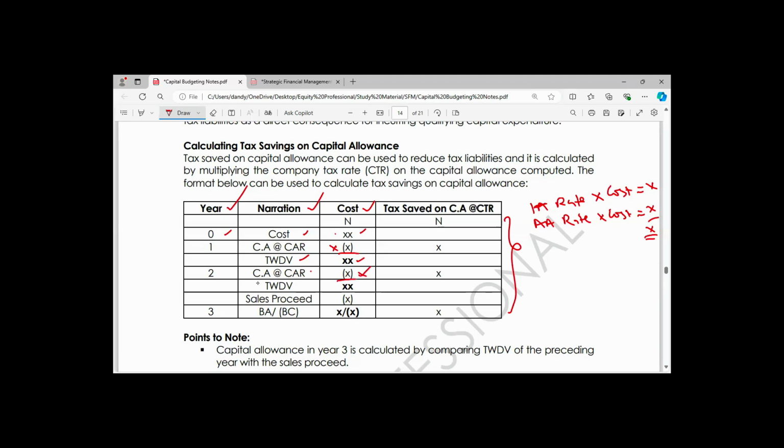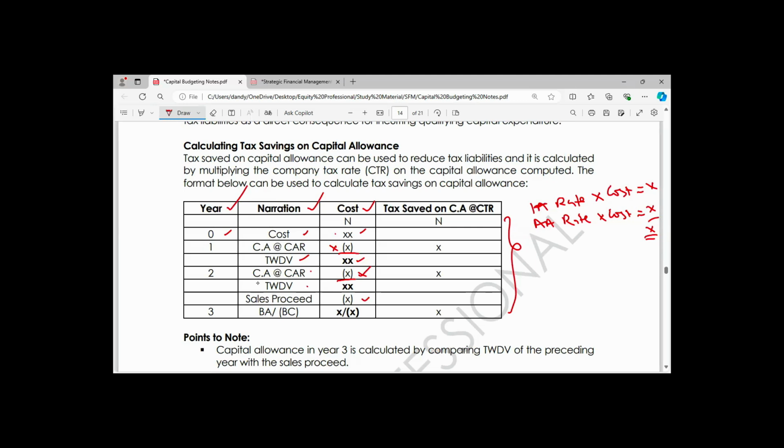On this table, our assumption is that this asset, or this project, has 3 years life. Therefore, at the final year, the asset will be disposed of. In this final year, you need to compare the sales proceeds versus the tax written down value.